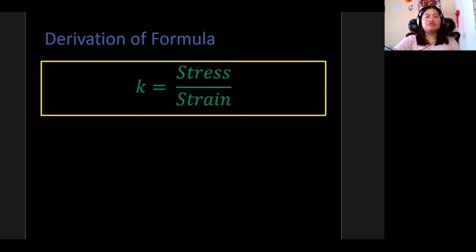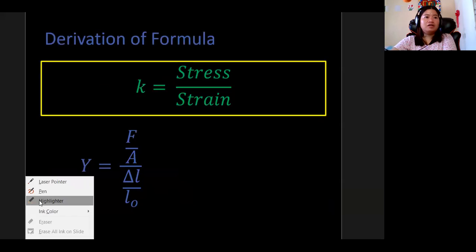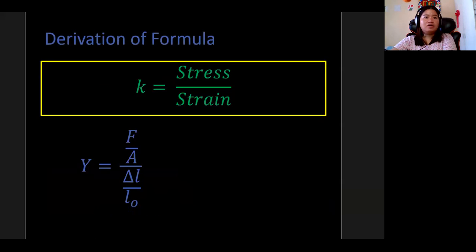Remember that the root is stress over strain. Now we have here Y, which represents Young's modulus, and we have here F over A. Where did I get F over A? This is basically the formula for stress.